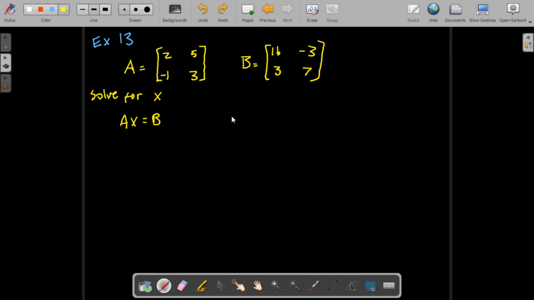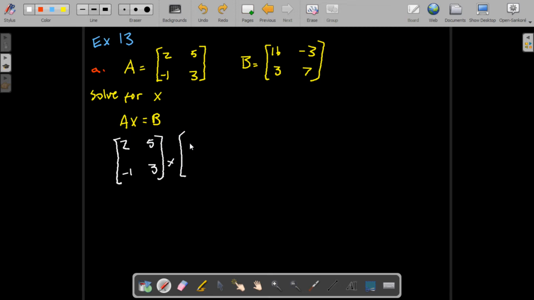On the side, I need to work out what my inverse of A is, but before that I need to work out what the determinant is. So determinant of A, 2 times 3 is 6, take away 1 times minus 5, should get 11.